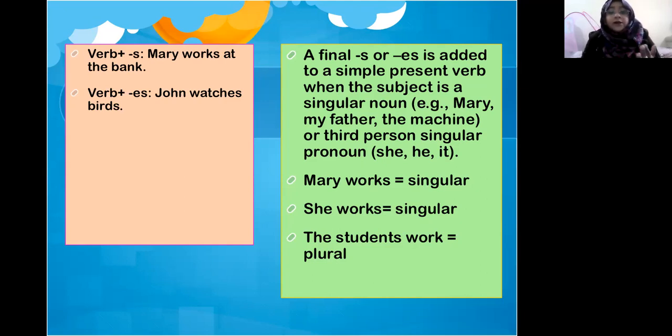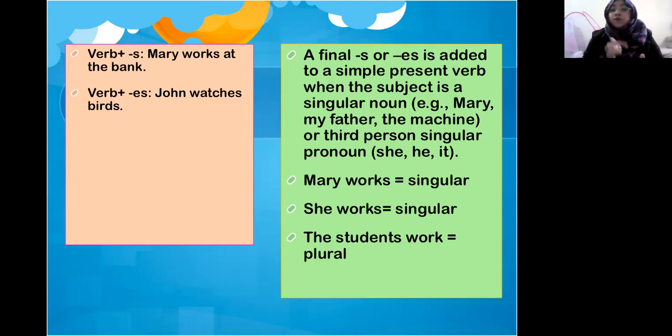Now, what is a third person? If I am speaking, I am first person, and we all are first person. You are the one who is listening, so you are second person. When we are talking about anything else, he, she, it, the name of anyone, all these are included in third person.